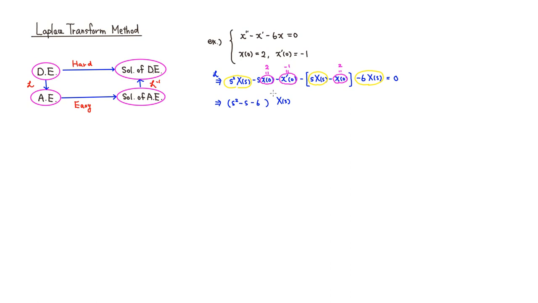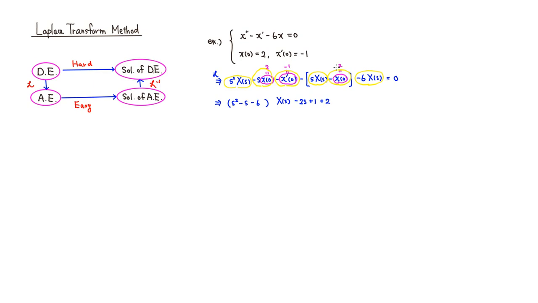Then the other ones: you have negative 2s, that takes care of this term. And then you have negative 1, so it's a plus 1. That takes care of this term. And a negative negative 2, so it's going to be plus 2. That takes care of this term.